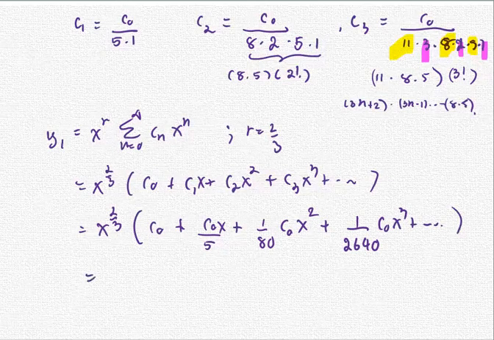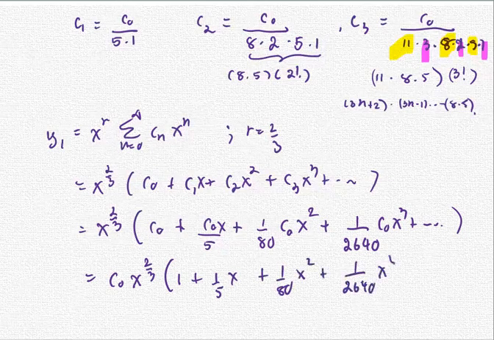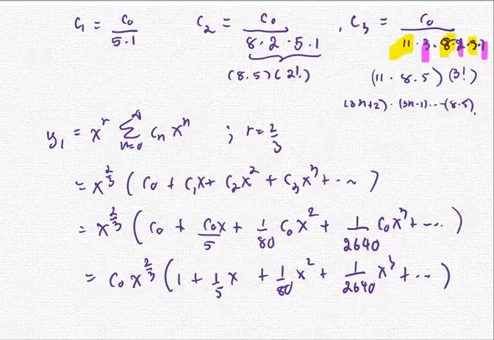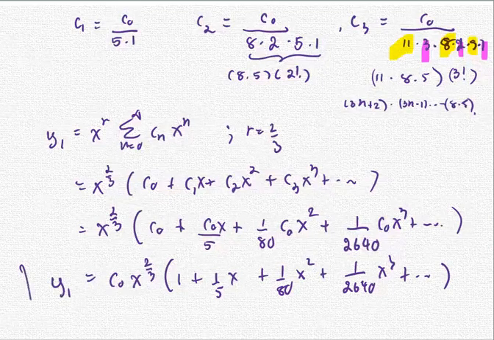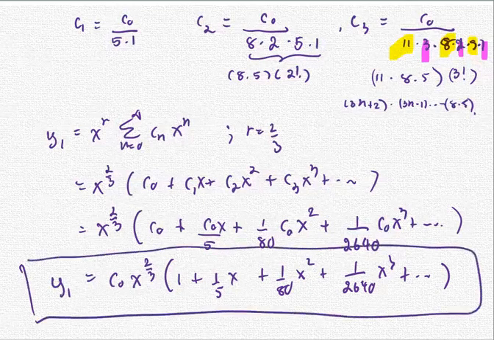And then as we take c0 out, we have c0 multiplied by x^(2/3), and then the power series in the quantity of 1 plus 1/5 x plus 1/80 x squared plus 1/2640 x cubed and so forth. So this is the first solution in the power series form from the first r.